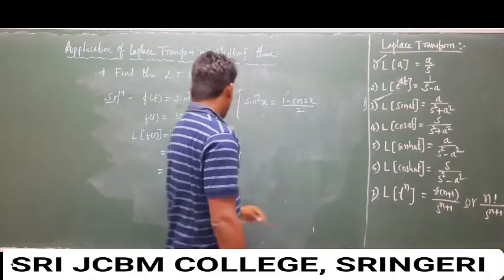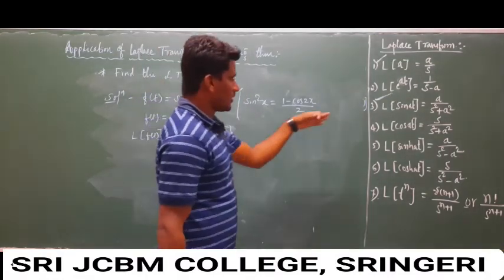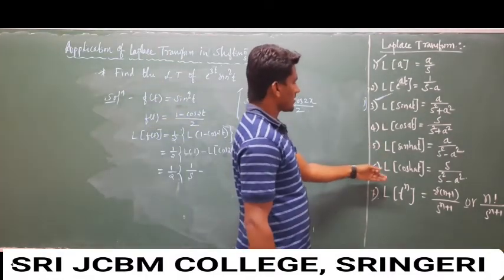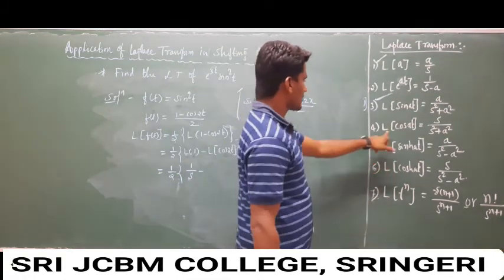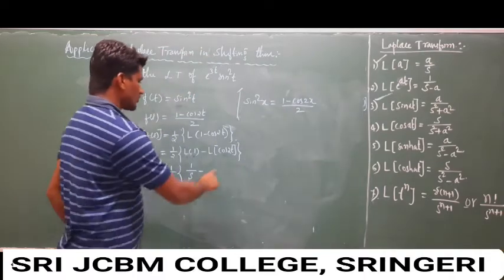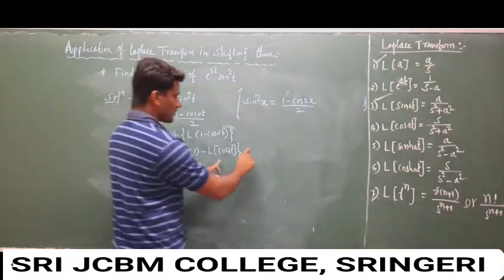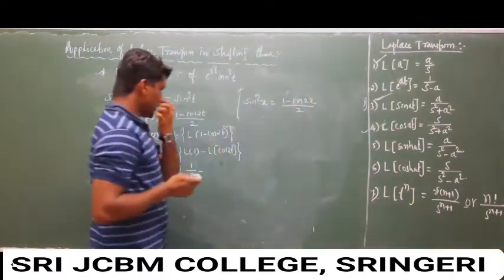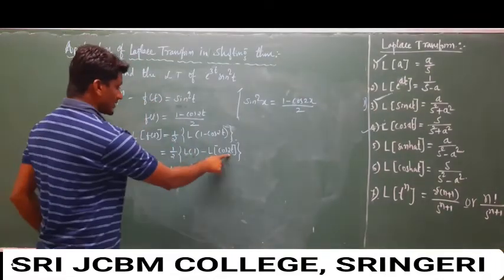Look here, we have to compare with the standard signals. So cos of at can be written as s over s squared plus a squared. Here the value of a is 2, comparing with the fourth one, cos of at, it means a is 2.